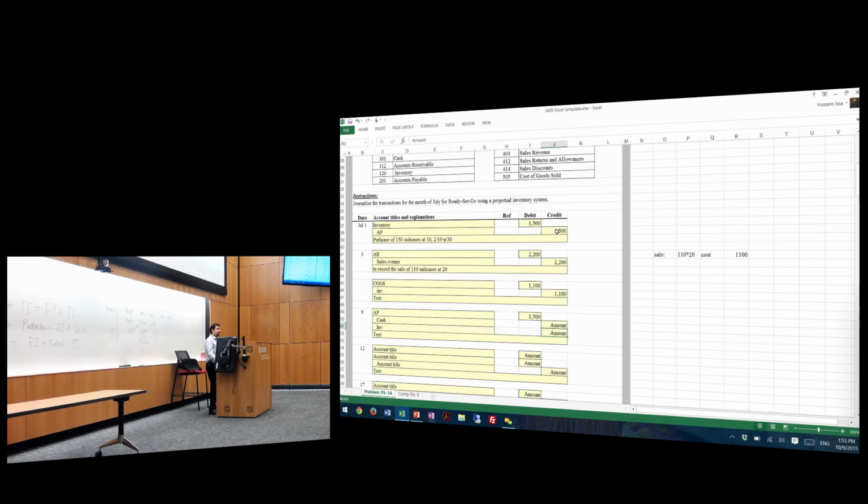So the discount was how much? 2%, right? 0.02 multiplied by 1,500. Which is to mean this one will be 1,470. Okay?